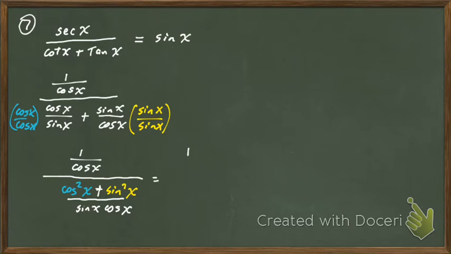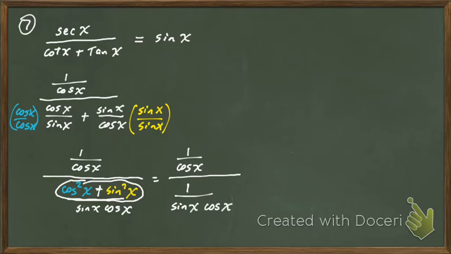I'll leave the top as 1/cosine of x. Sine squared plus cosine squared, or cosine squared plus sine squared, is 1 over sine times cosine. And how do you divide by this fraction?